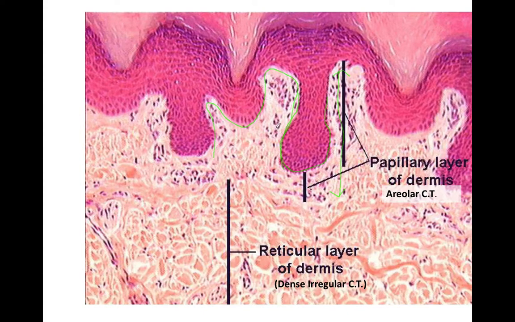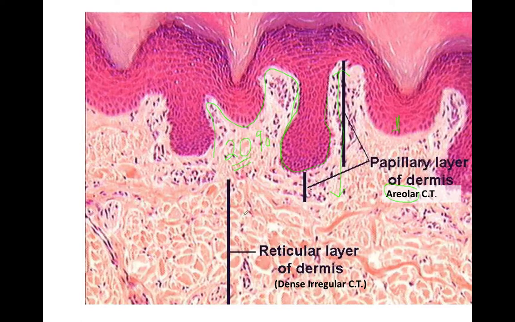So the papillary region is this top about 20% of the dermis. Not a lot of it, but the papillary region of the dermis. What kind of connective tissue is underneath all epithelial tissue? Areolar connective tissue. So what do you need to know? You need to know this is the papillary region of the dermis, and the connective tissue of the papillary region is areolar connective tissue.